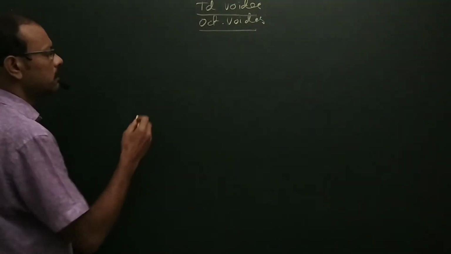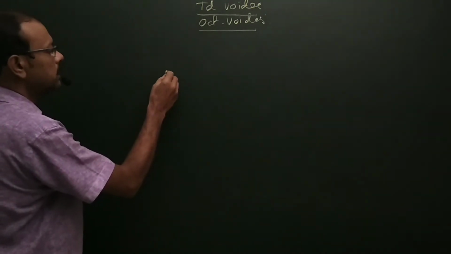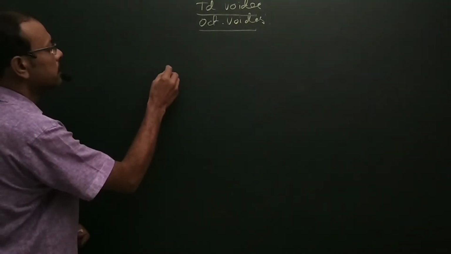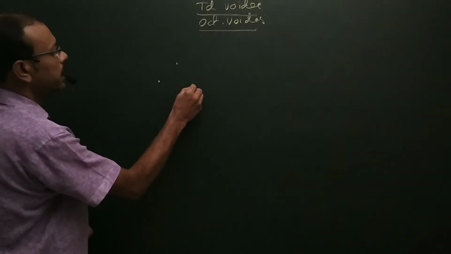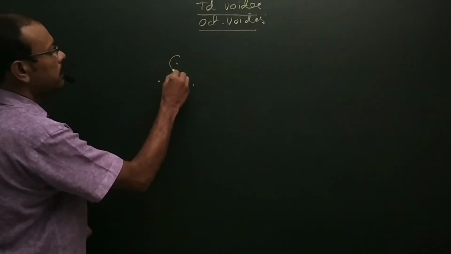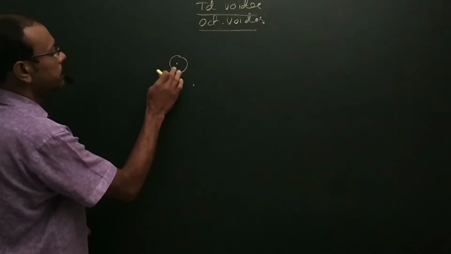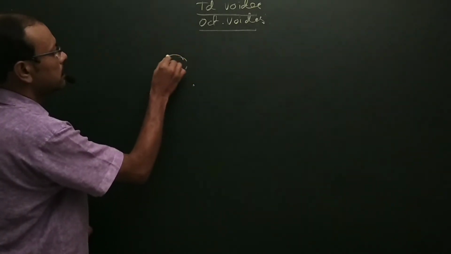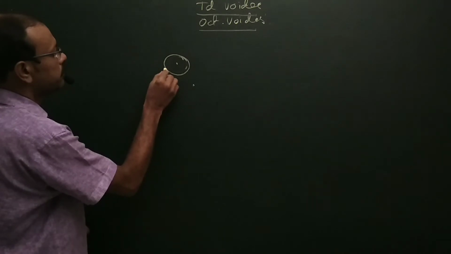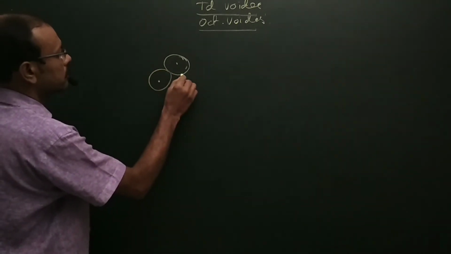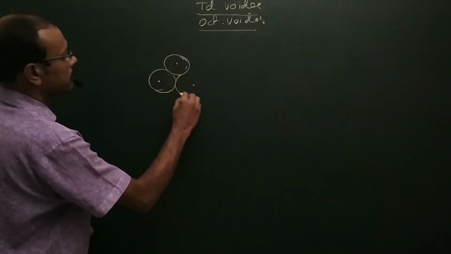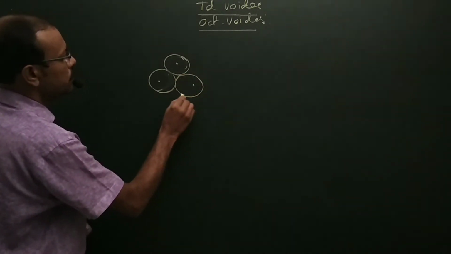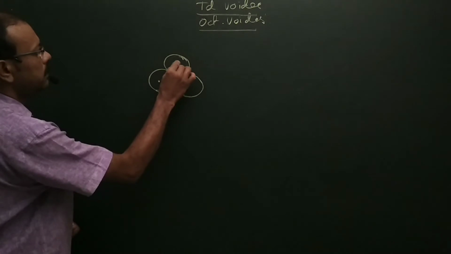Now what are tetrahedral voids? In case of tetrahedral voids, you see that I am drawing a triangle and three spheres are in touch with each other. This one, you see the center is there.